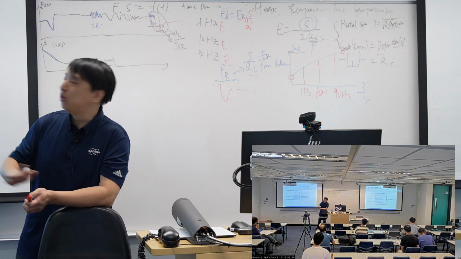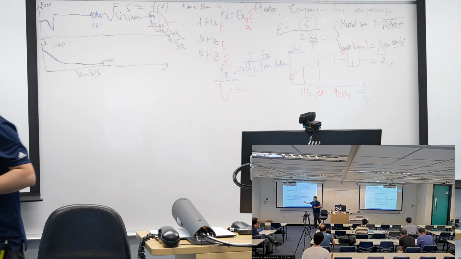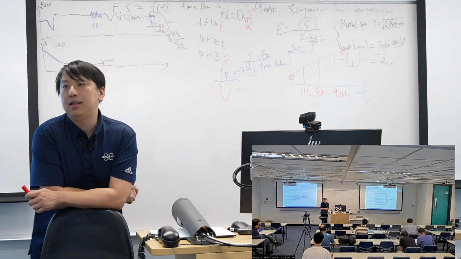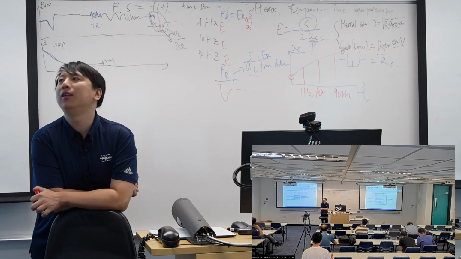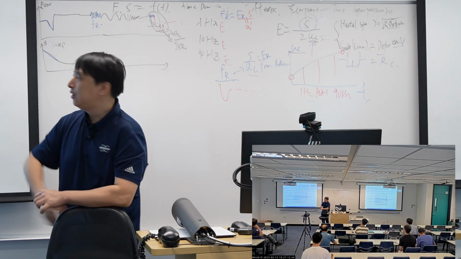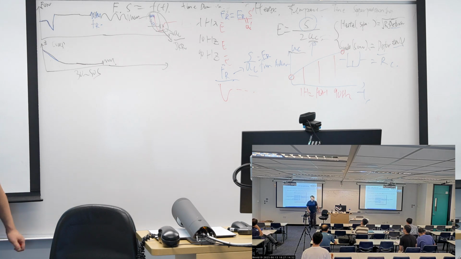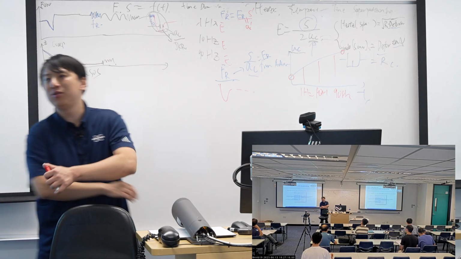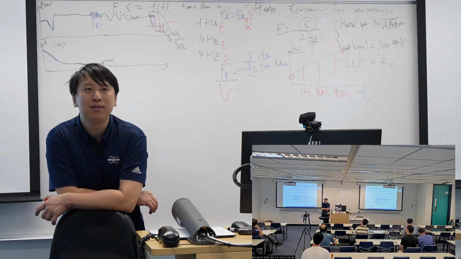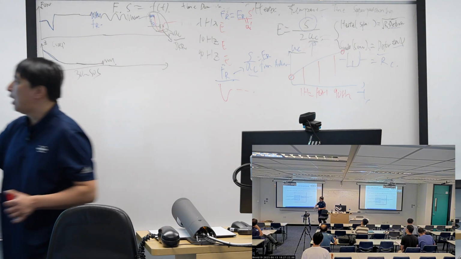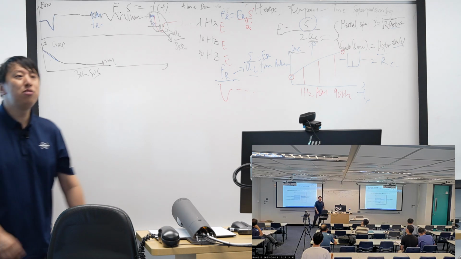Usually we set up this reference frequency as 90 or 110 to avoid the AC. This manual was written by US people. They use 60, so they recommend 100. But if you're doing it in Hong Kong, I would recommend 90 or 110.